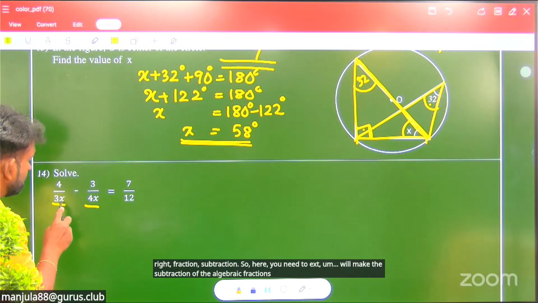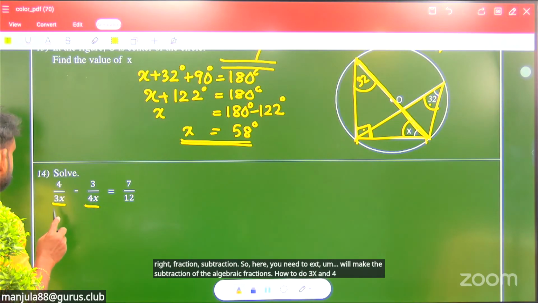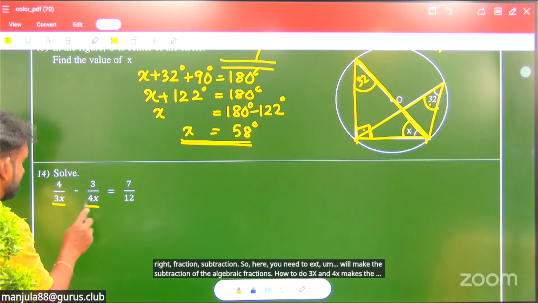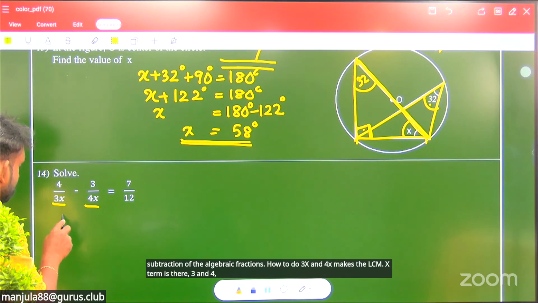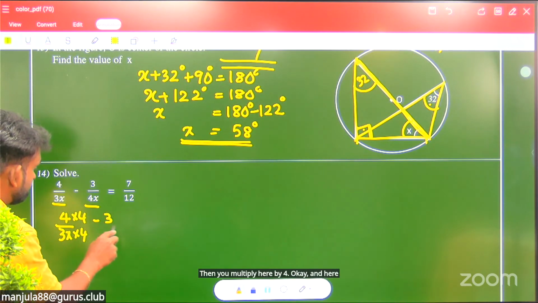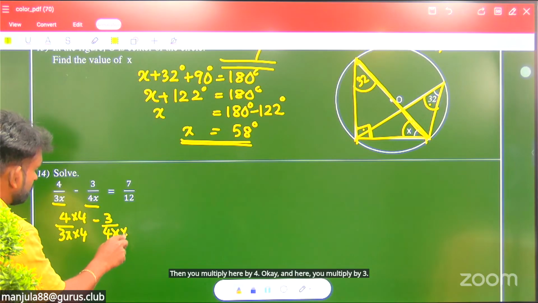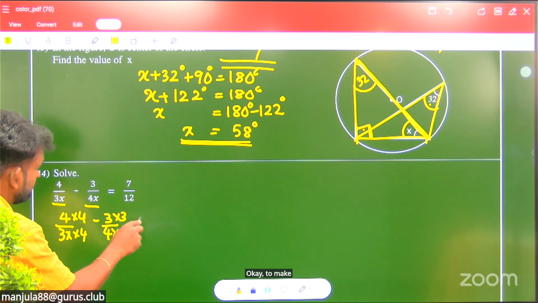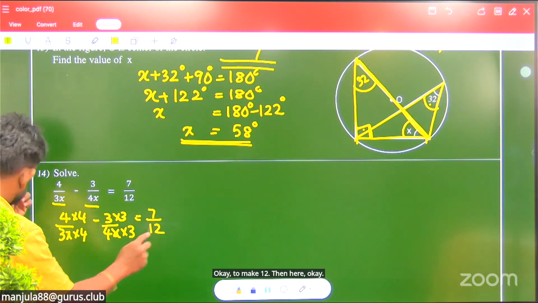How to do it? For 3x and 4x, make the LCM. The x term is there, and 3 and 4 both come to 12. Then you multiply here by 4, and here you multiply by 3, to make 12.